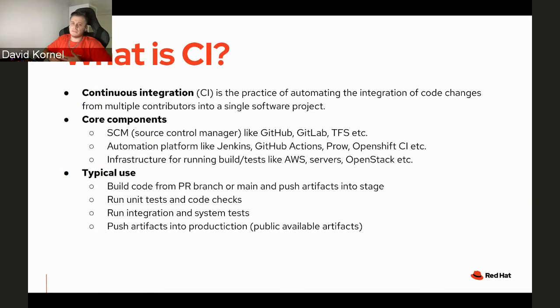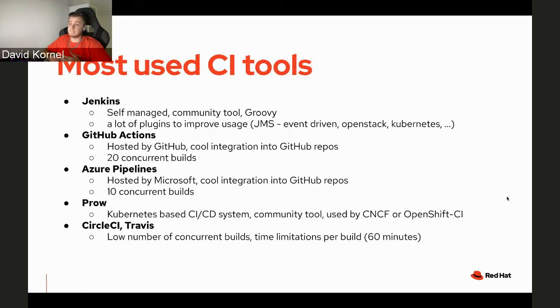Typical use cases of CI in our daily work are building artifacts, running tests, releases into the public registry, and so on. And that's all. And I would like to hand over to Jakub, who will talk about the CI providers which we use and about the pull request flow.